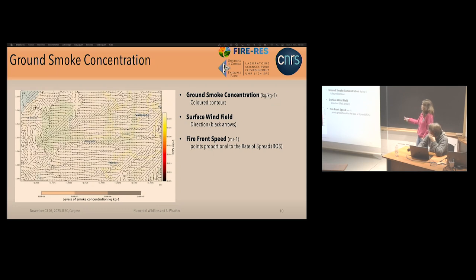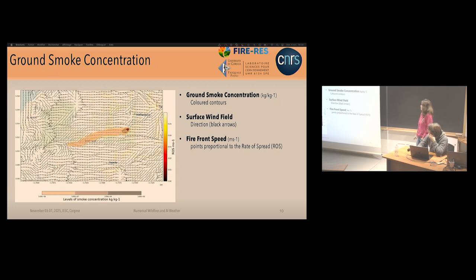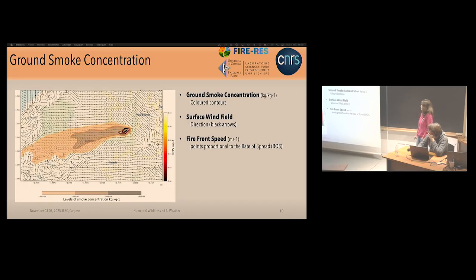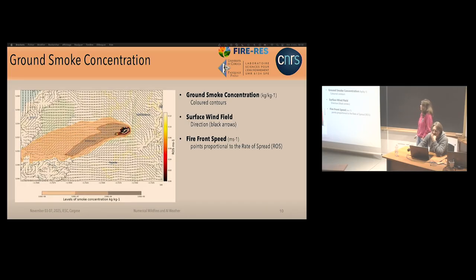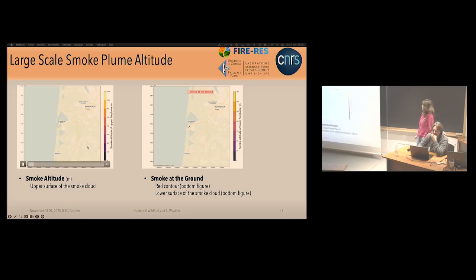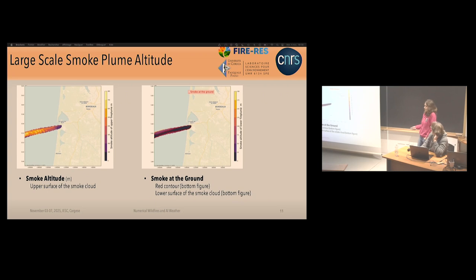So here instead I'm showing plots with smoke concentration at the ground evolving in time, together with arrows showing the surface speed. And we also have the larger scale domain, in which we can plot the upper and the bottom surface of the smoke plume, and the altitude of the plume.